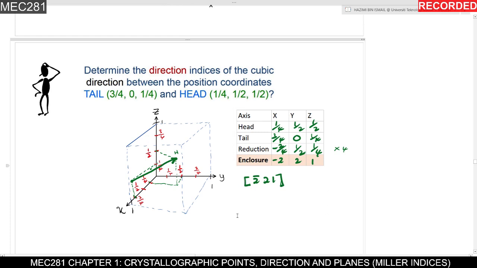So the marks, if it is on the quiz or the test, the marks will be on the final indices here. So the drawing itself is wasteful effort in these questions.